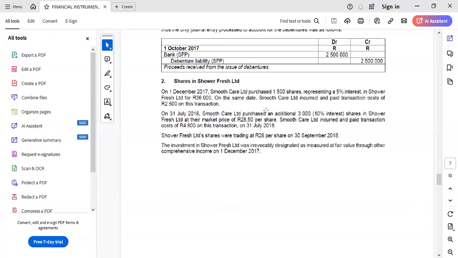We include transaction costs if they are measured at fair value through other comprehensive income. But if they were measured at fair value through profit or loss, we're not going to include the transaction costs. So these ones were bought at 36,000 with transaction cost of 2,500. These ones were bought at 26.50 and transaction cost of 4,800.